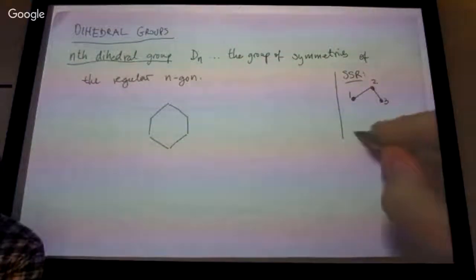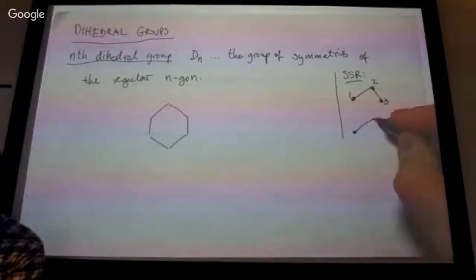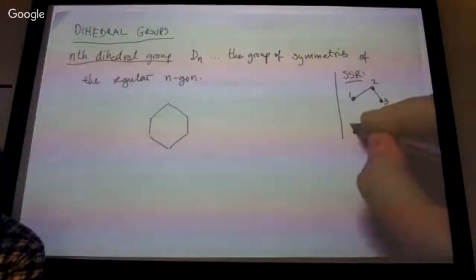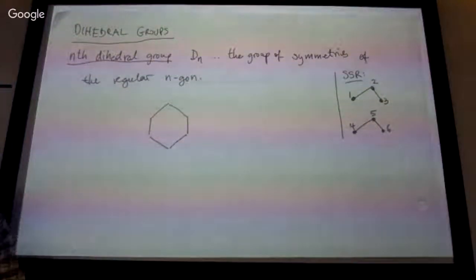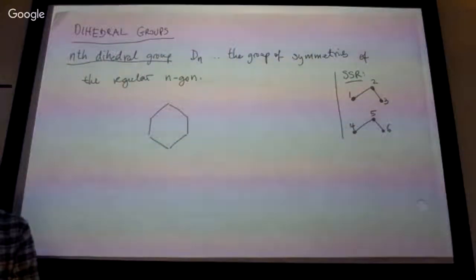Now I'll draw a completely different graph. This is now a completely different graph, because the top one has a vertex 1 and the bottom one doesn't, and the top one has a vertex 2 and the bottom one doesn't, and in the top one there is an edge between 2 and 3, and in the bottom one there is not an edge between 2 and 3; there is an edge instead, there are no edges between 4 and 5 and 5 and 6.